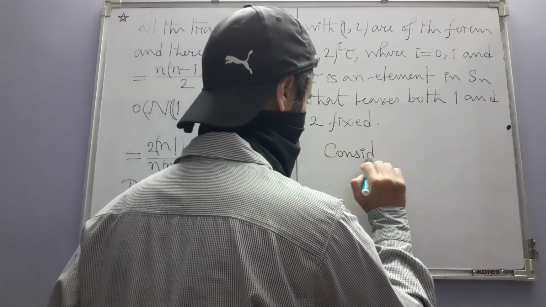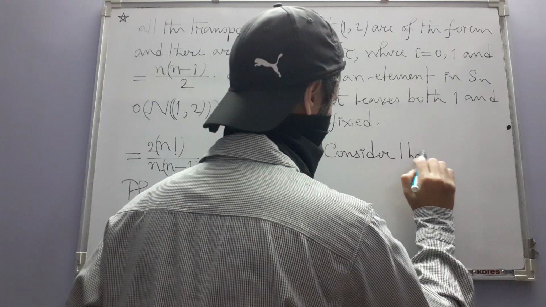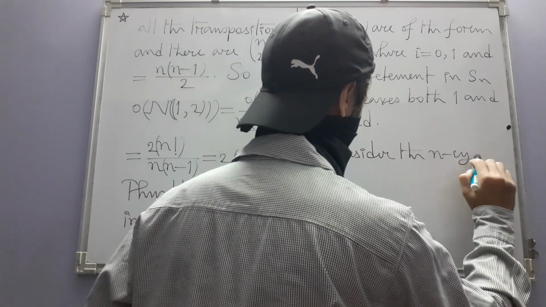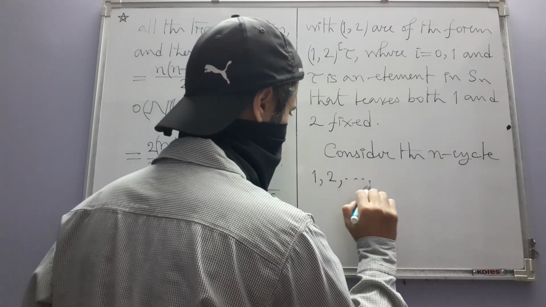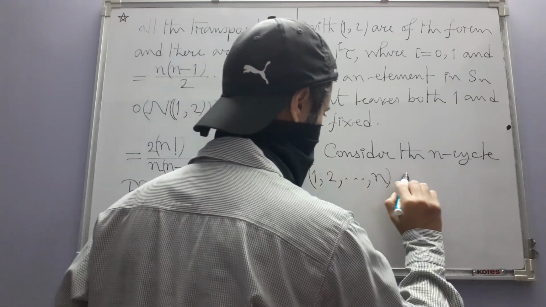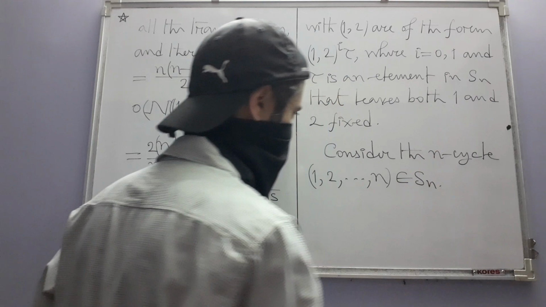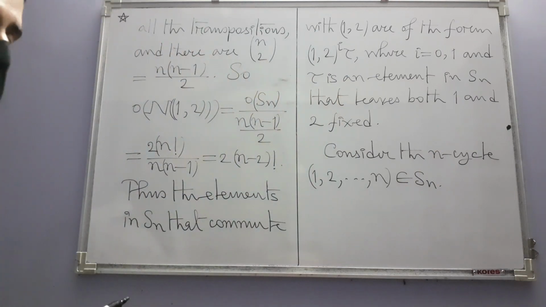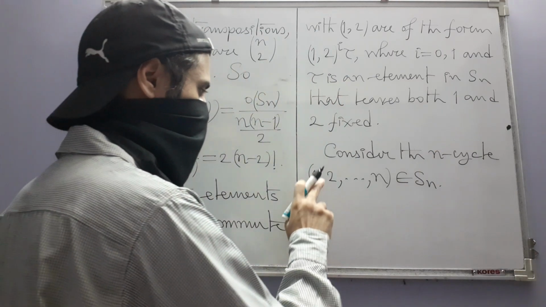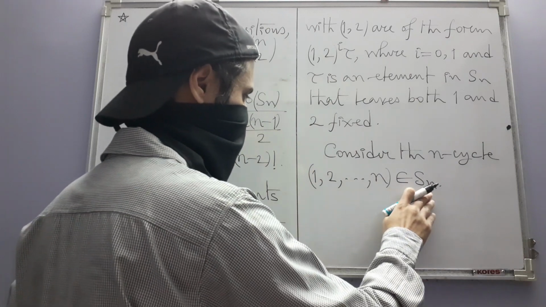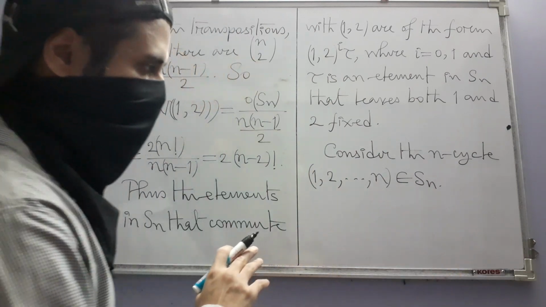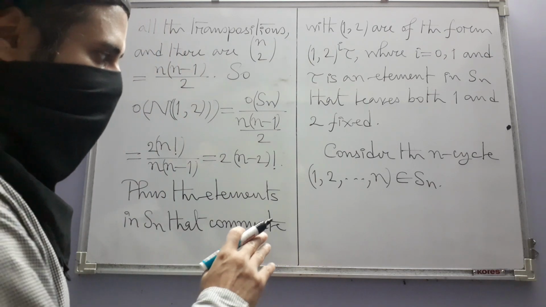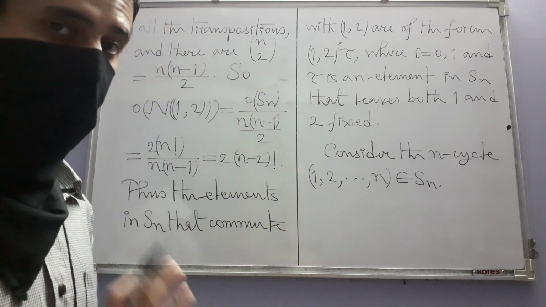Consider the n cycle in Sn. The author claims that the elements in Sn that are going to commute with this n cycle again are precisely the powers of the n cycle, nothing else.